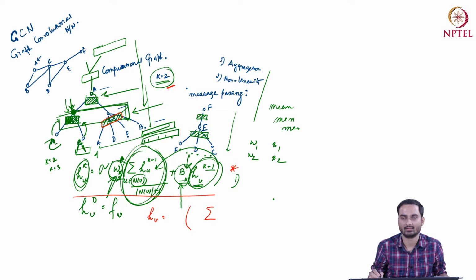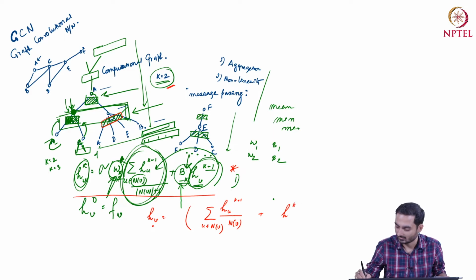If the aggregation is just a mean, it is going to be h of u at k minus 1, where u is a neighbor of V, and then we normalize it by the number of neighbors. And apart from that, we also have the hidden state of that particular vertex V at the previous step, h at k minus 1. This is parameterized by Wk and this is Bk.